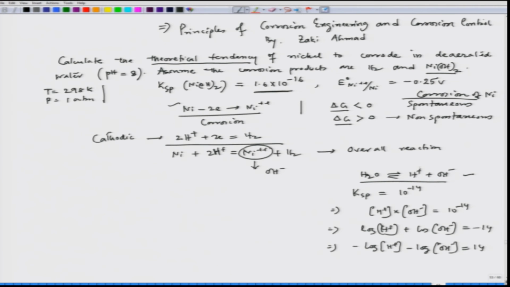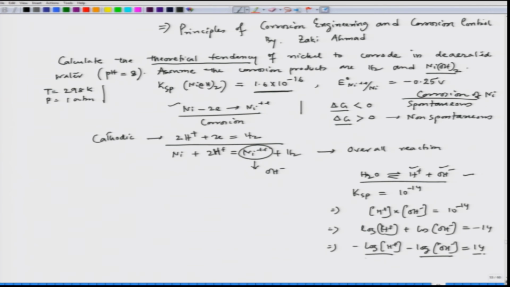Since we have one H plus and one OH minus, we can assume that they would have equal contribution to this 14.